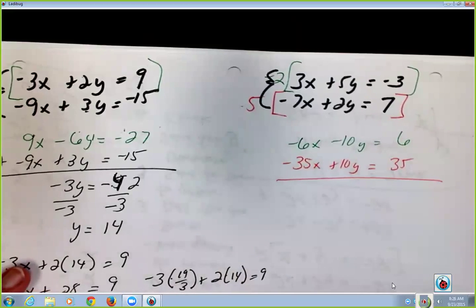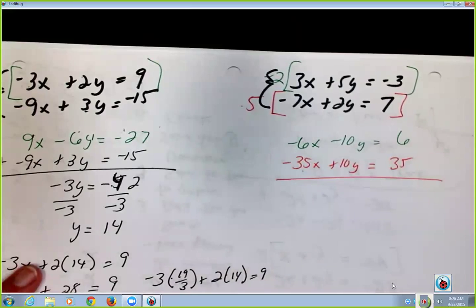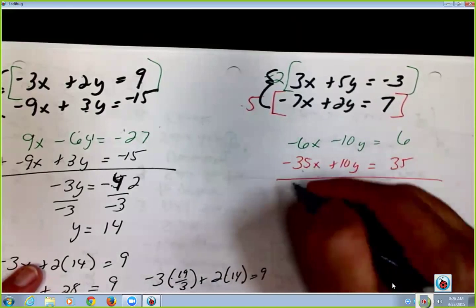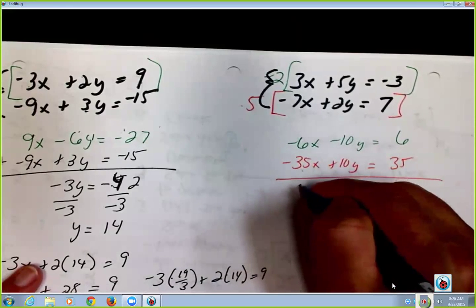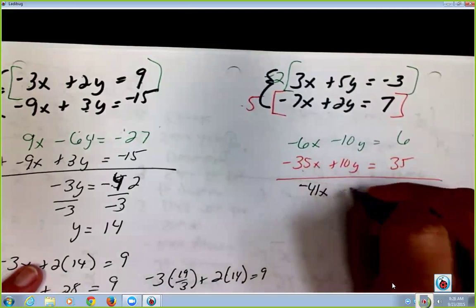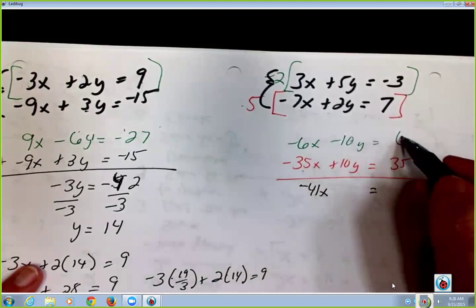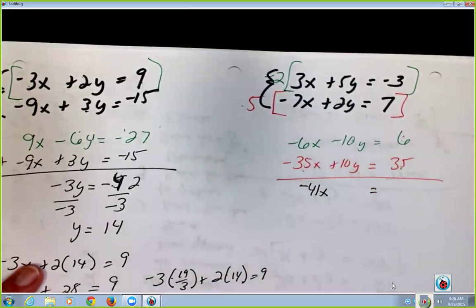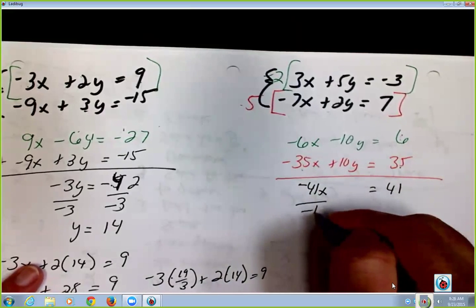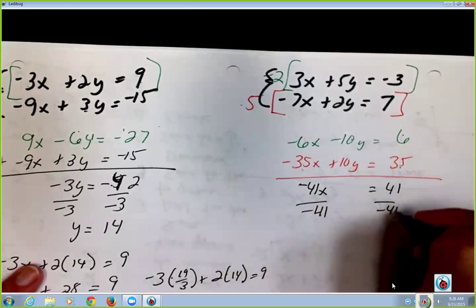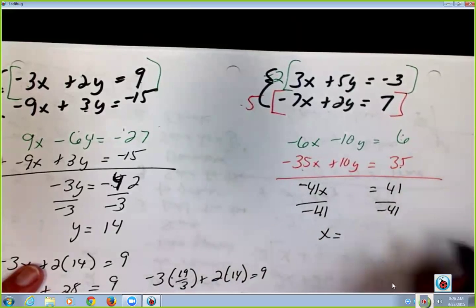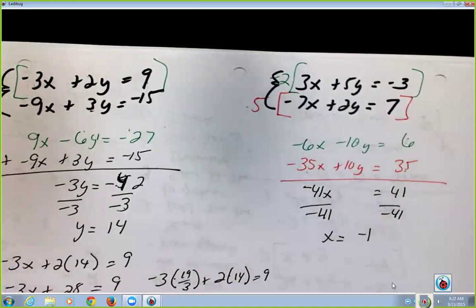Combine those two together, the -6 and a -35 comes out to be a -41. Y's are long gone. 6 and 35 becomes 41. Divide by -41. And we find x to be -1. Okay.